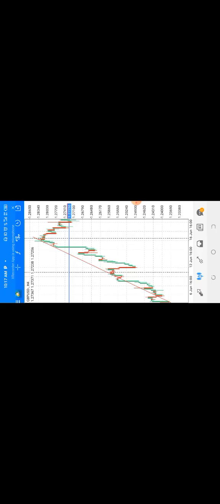Let me turn this so that we have a wider screen. If we have this swing and the market corrects by coming down and goes up again, passing the former level and forming another swing up there, it tries to make another correction and goes up again.